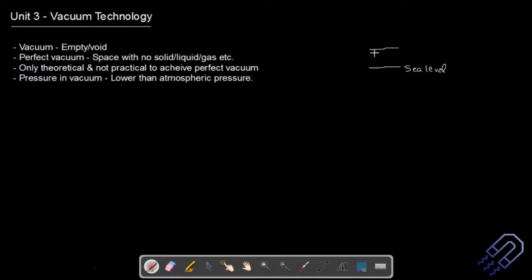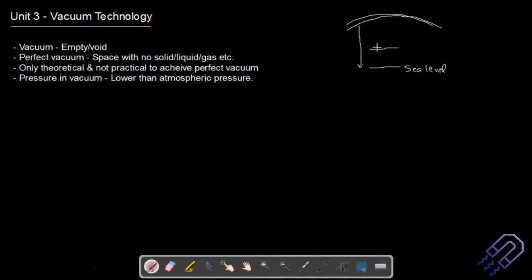If we go to the surface of the atmosphere, we have the atmosphere somewhere here, covering us. This atmosphere will have more pressure here because there is more space covered. So at sea level the pressure is going to be more.